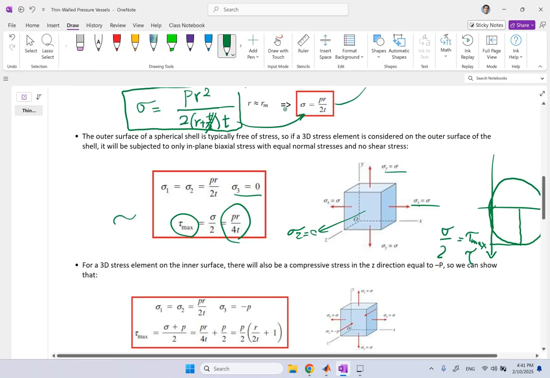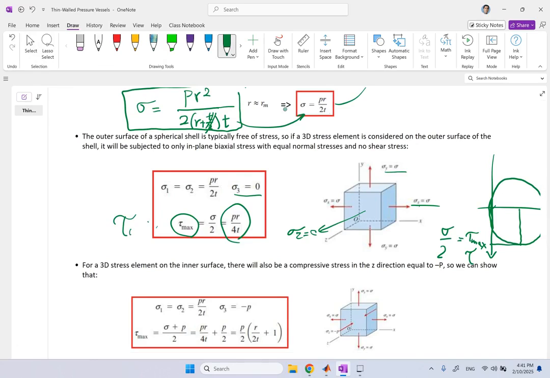So the tau max should be less than or equal to tau allowed if we go with the Tresca method, which is the maximum shear stress. If we use von Mises, then we have to use all of them. But clearly here is the state of the stress on an element outside.